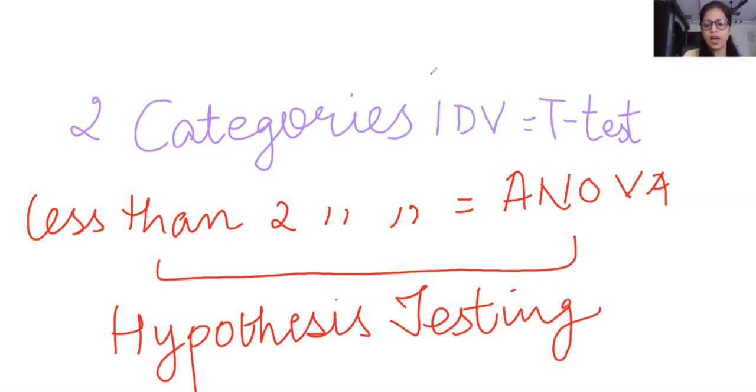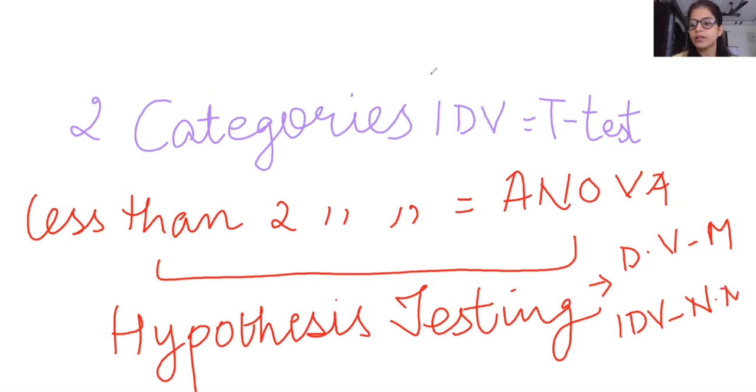And when we were doing hypothesis testing, when your dependent is metric and independent is non-metric, that time I told you in the table we were using hypothesis testing.